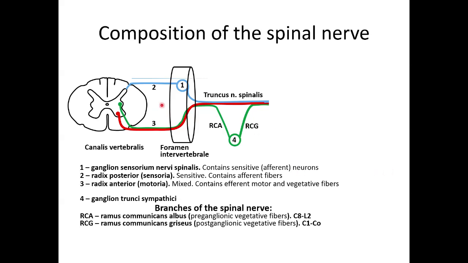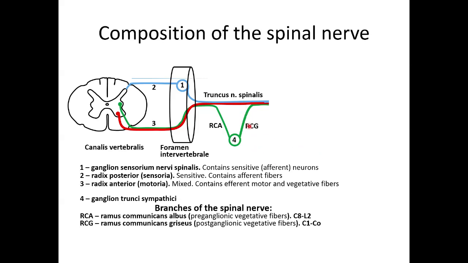It's interesting that this ganglion trunci sympatici, we can say, is hung on these 2 branches, ramus communicans albus, RCA, and ramus communicans griseus, RCG.